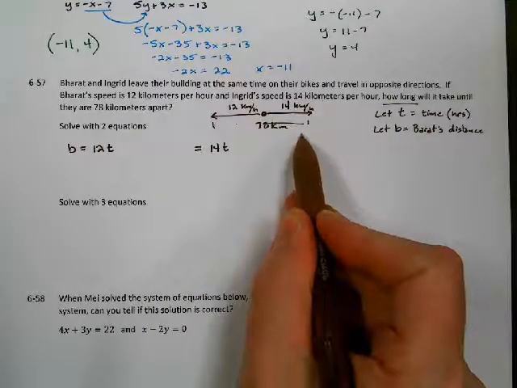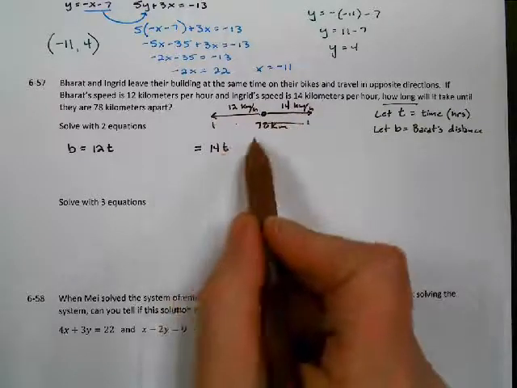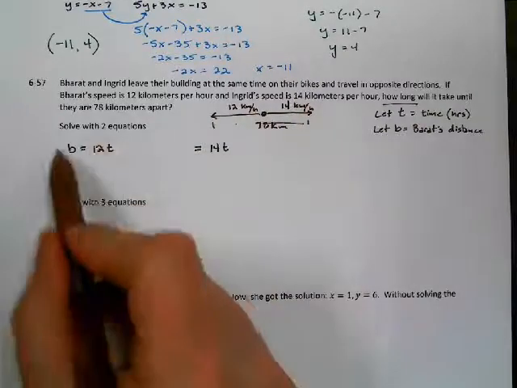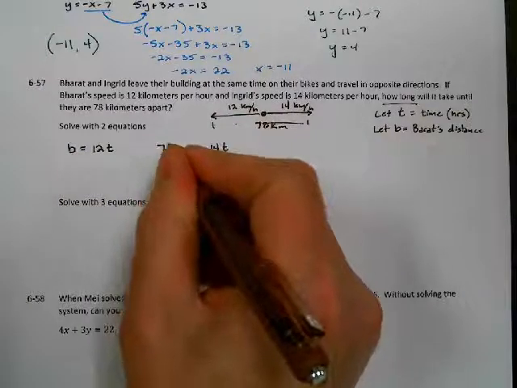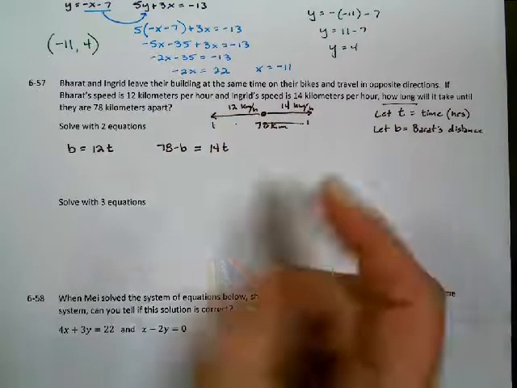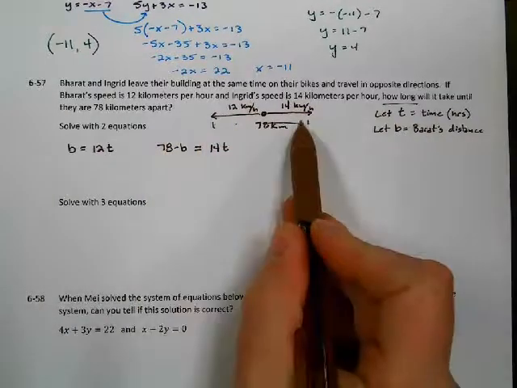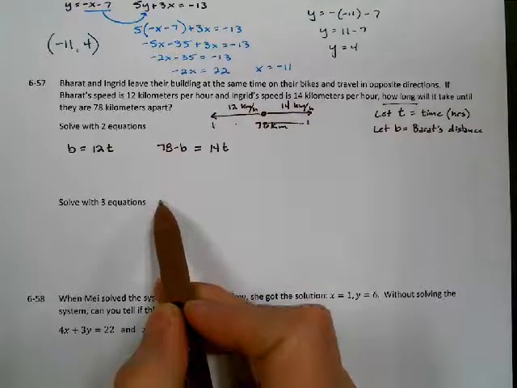So Ingrid's distance would be 78 minus whatever Bharat went. So her distance would be 78 minus b, because it's the whole distance of 78 less whatever Bharat traveled. So there's our two equations.